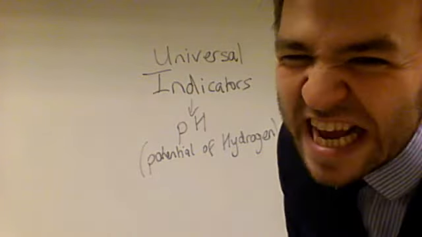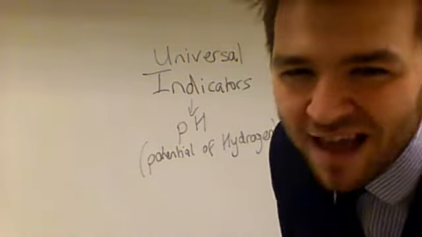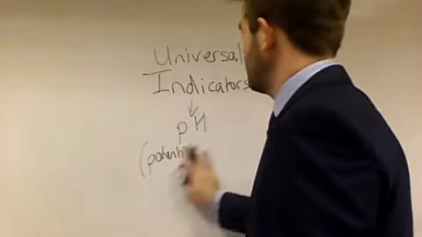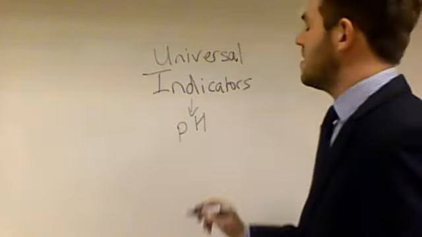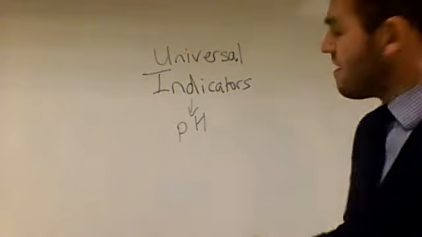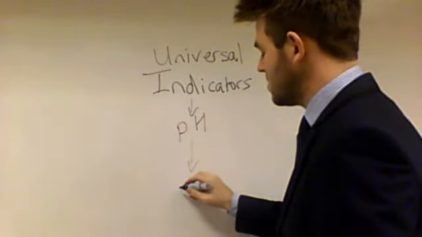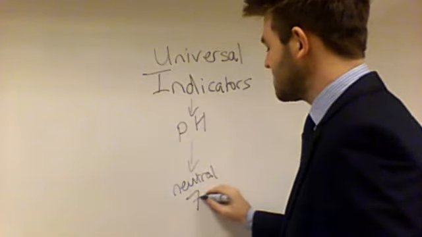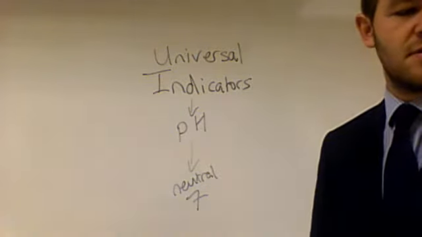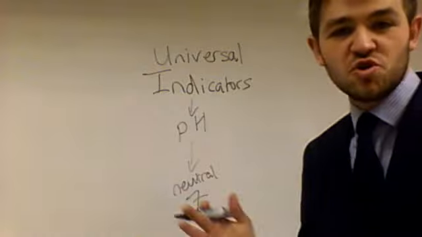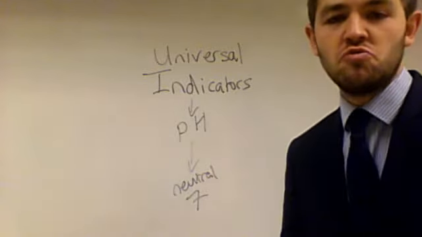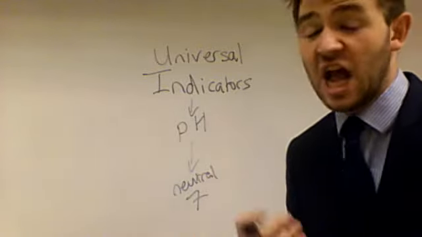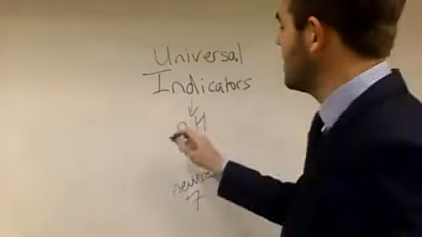But you don't need to know that, so it's okay. pH will do. And if I put neutral, so back to neutral, and that's at a pH of 7. 7 is, for some reason, the neutral number. I don't know why either.